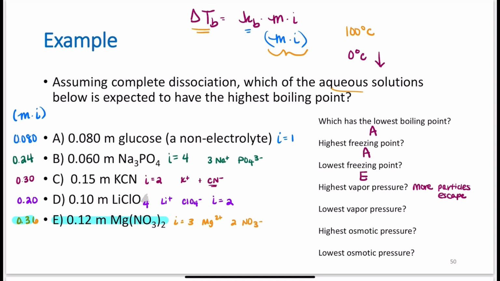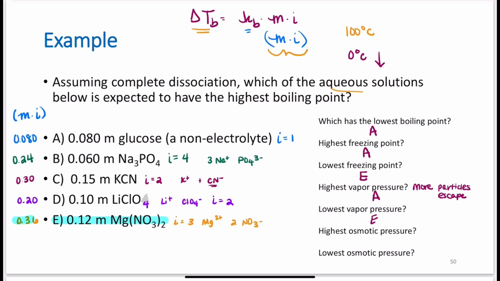That means I have less particles in solution holding these things back, so therefore it's able to escape. The fewest particles would be A. The lowest vapor pressure means the fewest particles escaped. Most particles are kept back in solution, so that's the one with the most particles.